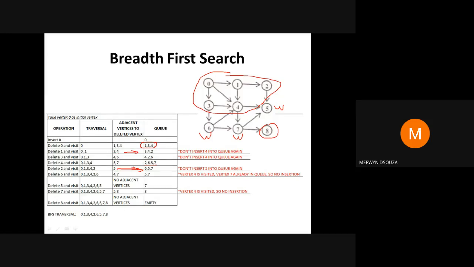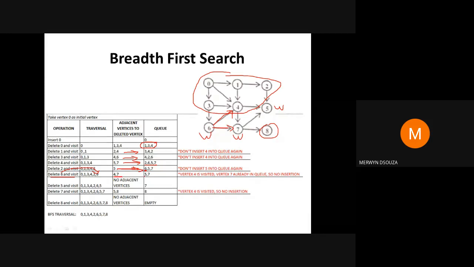You can see in each of the steps, if the element is already present in the queue, we do not insert it again. Next step, delete 6 and visit. Since you are deleting 6, write it in the answer. Find the adjacent vertices. Adjacent vertices of 6 are 4 and 7. Only two adjacent vertices, 4 and 7.